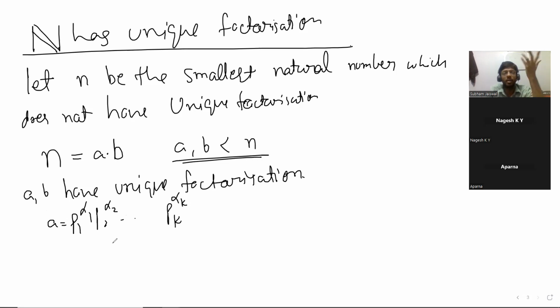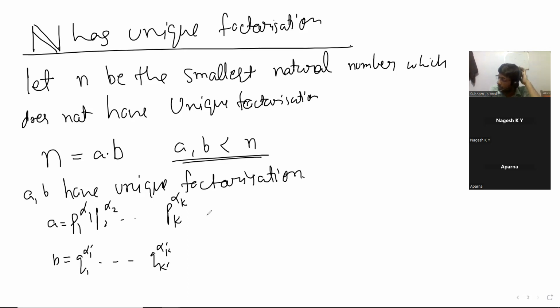Then you don't need Euclidean division here. And the product of A and B is also a product of primes, right?